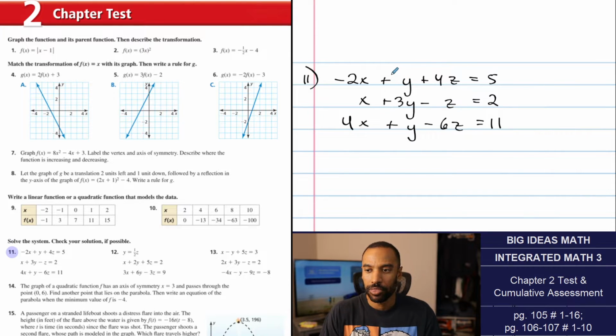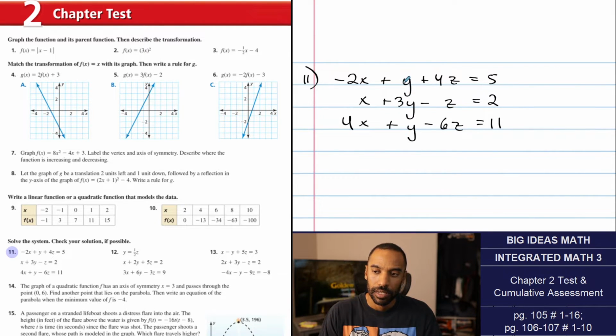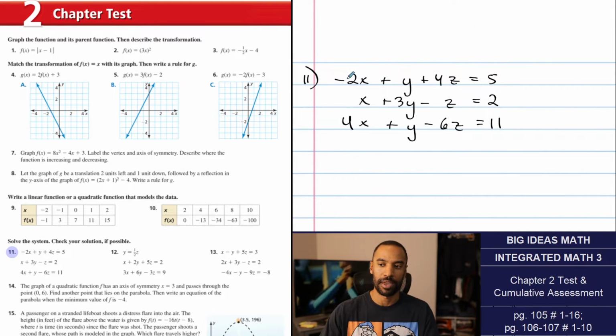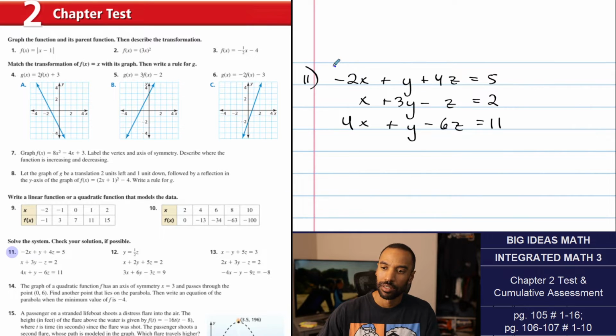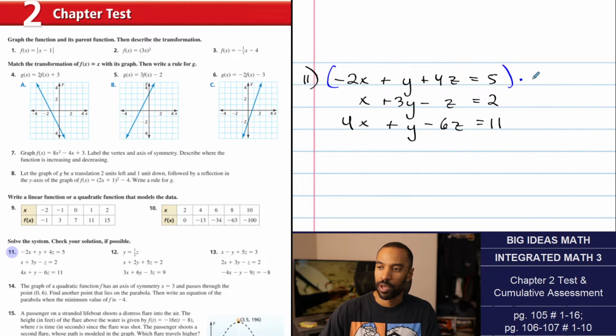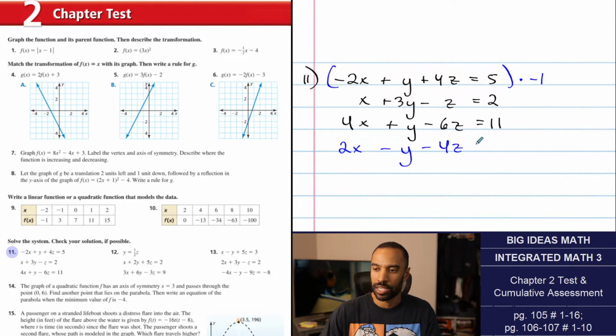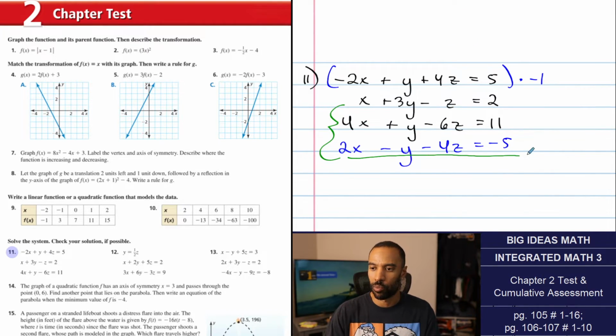How about the y's? If I change the signs of the top equation, multiply by negative 1, the equation says 2x minus y minus 4z equals negative 5. And now I can align these two together, combine those two, and the y's will go away.